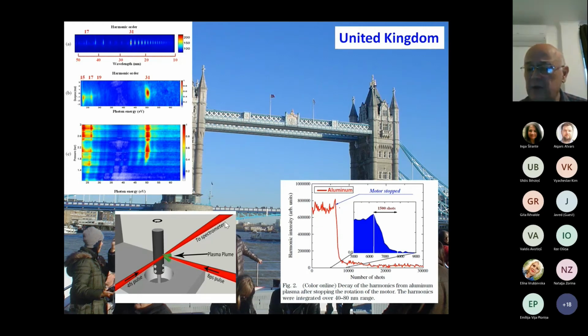How can this be demonstrated? With the target rotating, the harmonics remain more or less stable, and once the motor is stopped, they drop drastically to a low level.